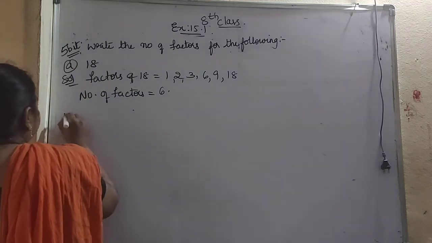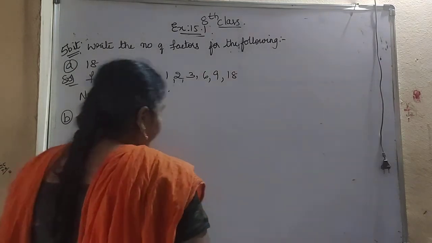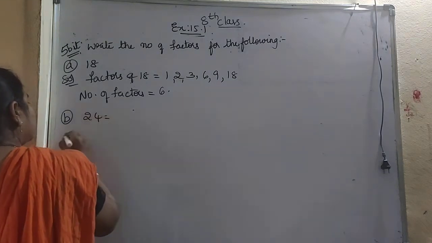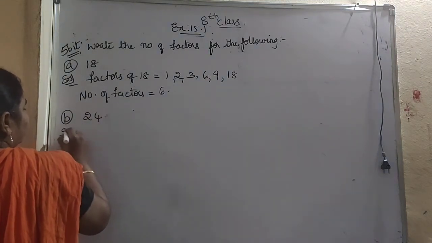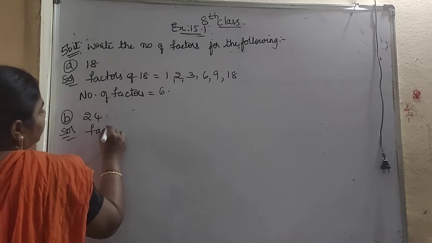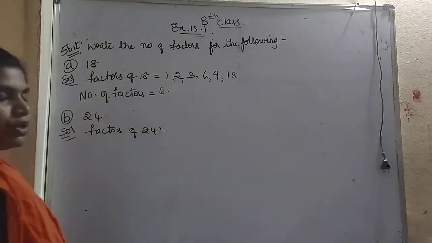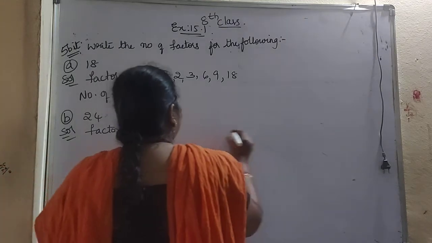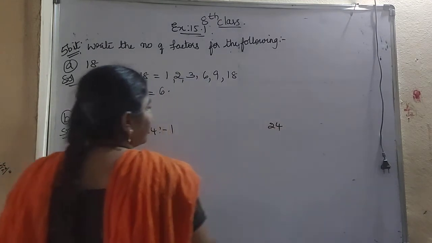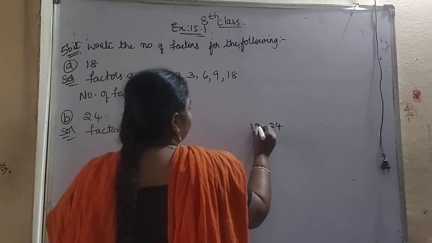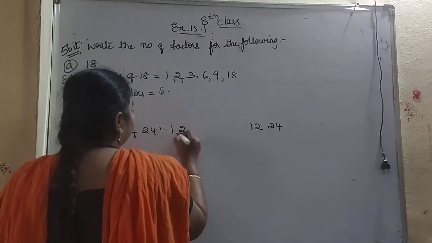Okay, next B bit, that is 24. So what are the factors of 24 we have to find, and how many factors are there also. So factors of 24. 1, 24 times is 24. 2, 12 times is 24.